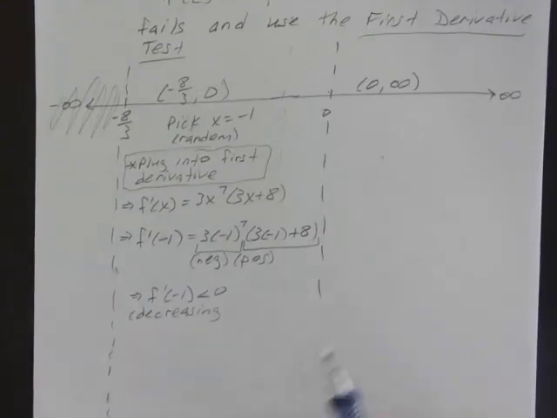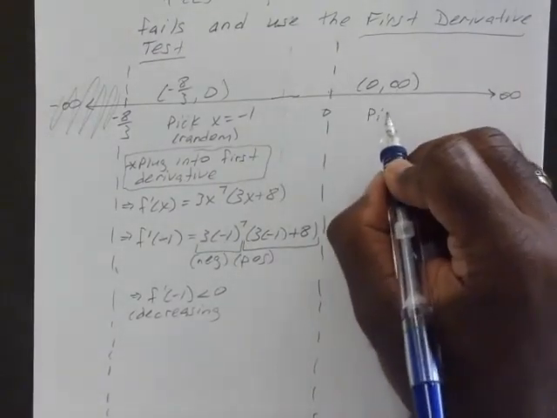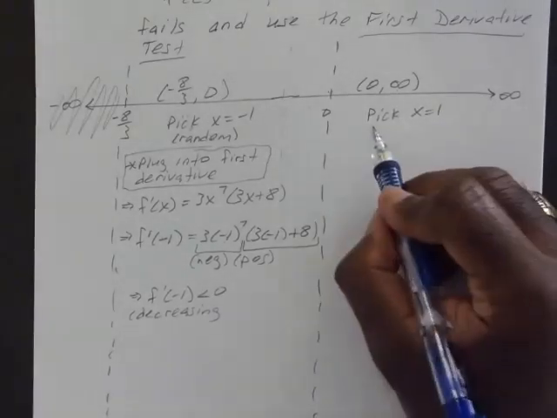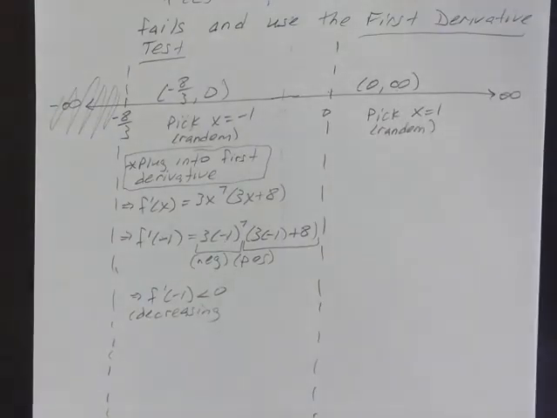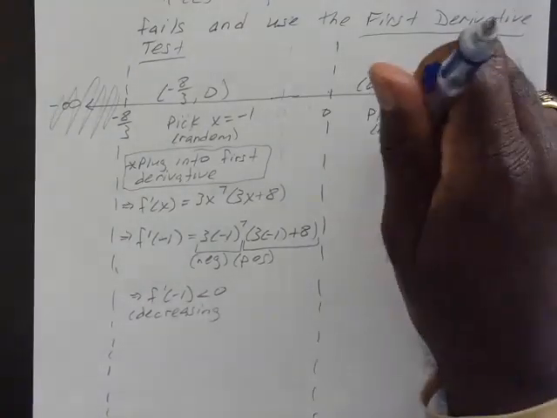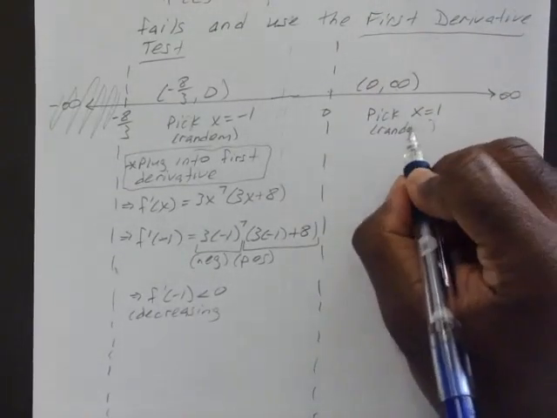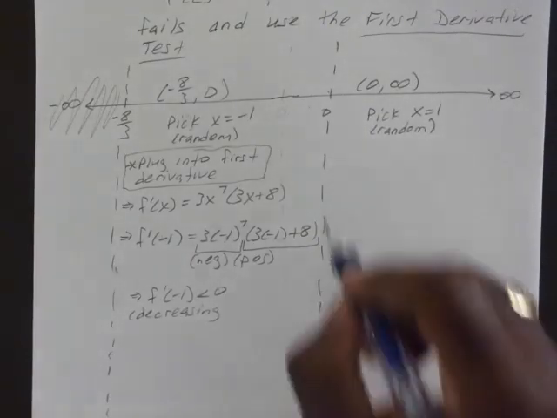Make that a little longer. And from 0 to infinity, I just pick the simplest one. So I'll pick x is equal to 1. So we plug that into our first derivative.